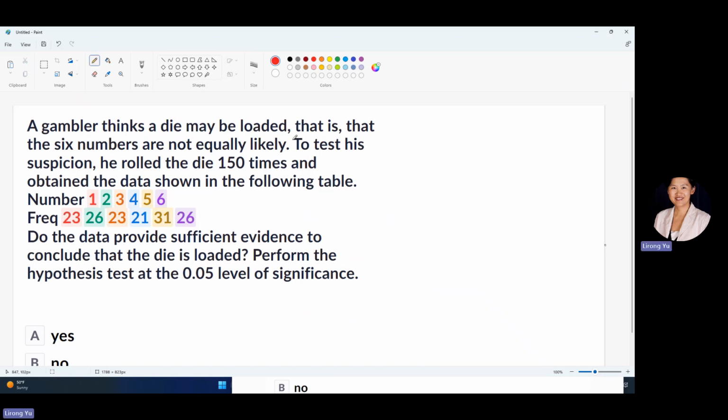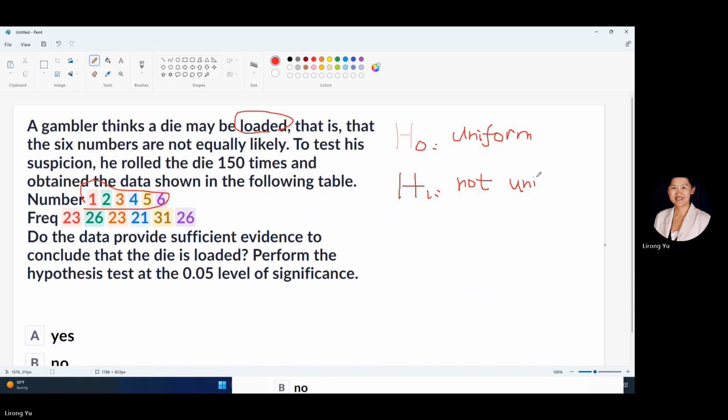Right, so this is a chi-square test for goodness of fit. So we're saying if the die is not loaded, then the outcomes will follow a uniform distribution. The null hypothesis is that the number on the die after you toss it should be uniformly distributed, and the alternative hypothesis is that they're not fitting the uniform distribution.